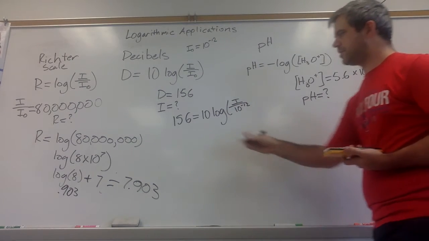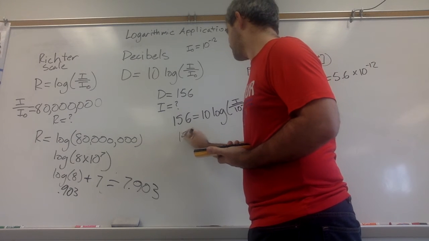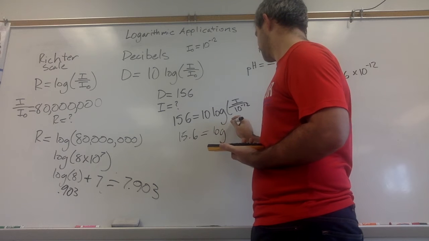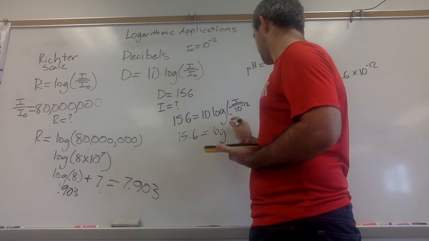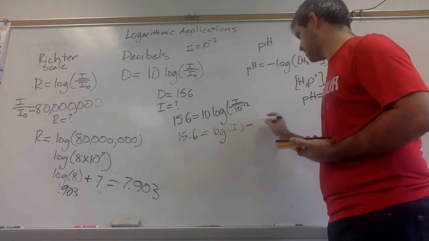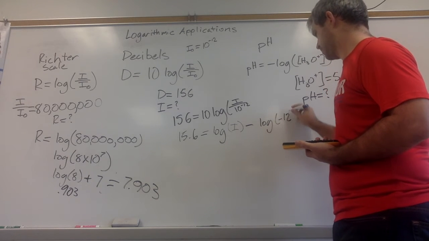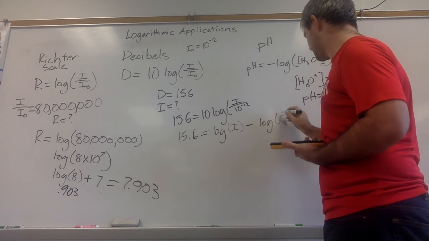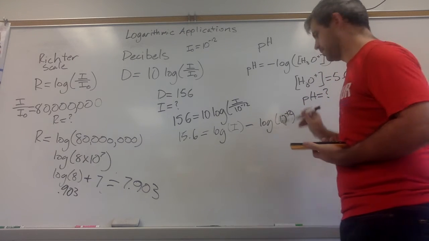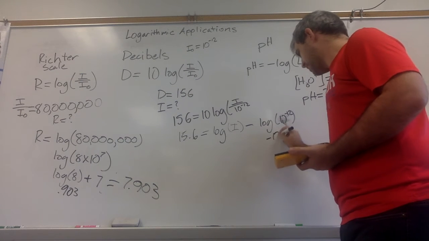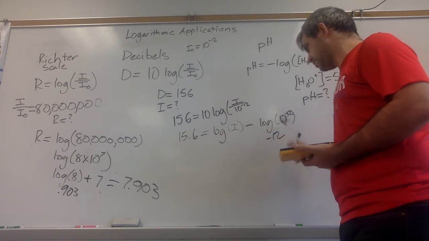All right, so this is 15.6. I'm dividing by 10. And I'm going to go ahead and do this. Oh, sorry, not negative 12, 10 to the negative 12. What is log of 10 to the negative 12? Well, that's negative 12. So minus negative 12.